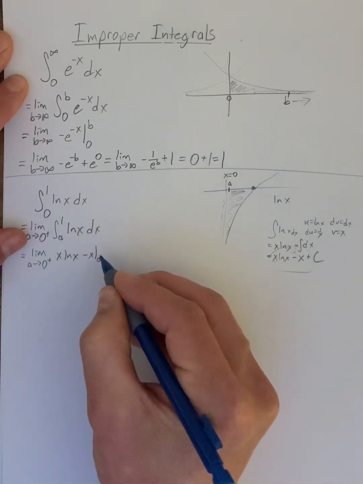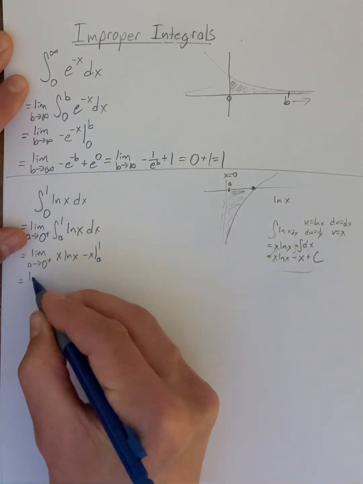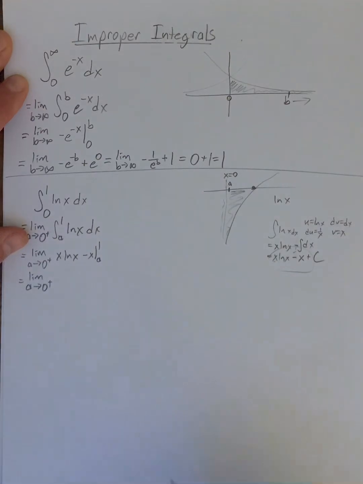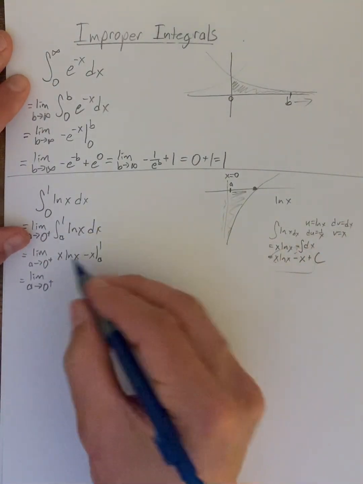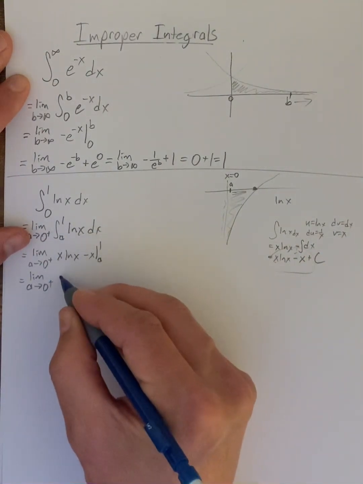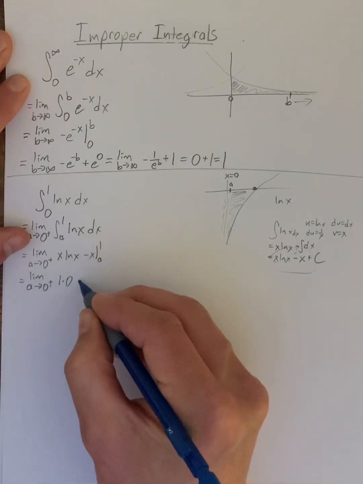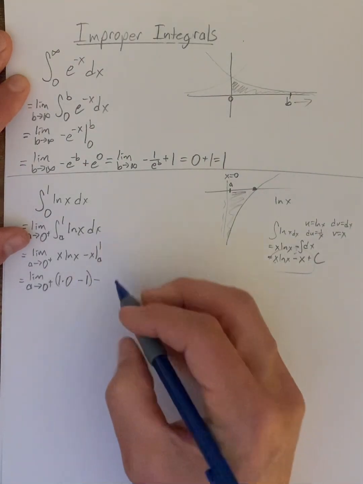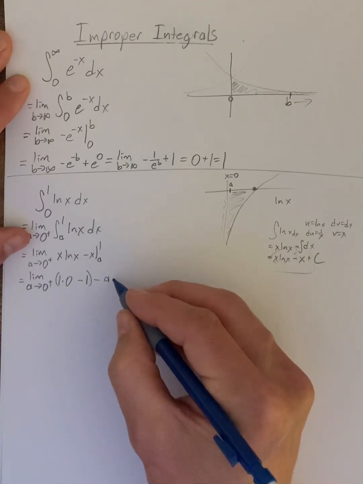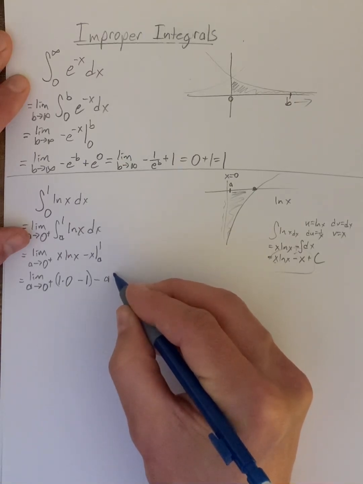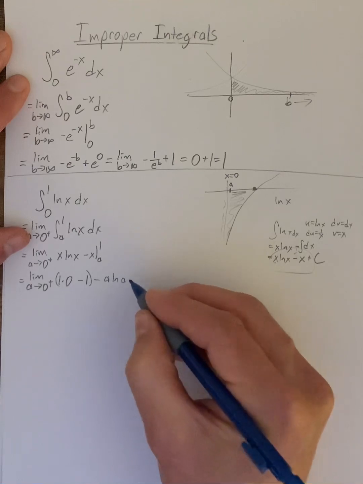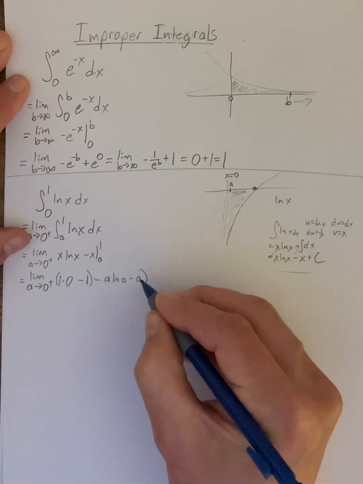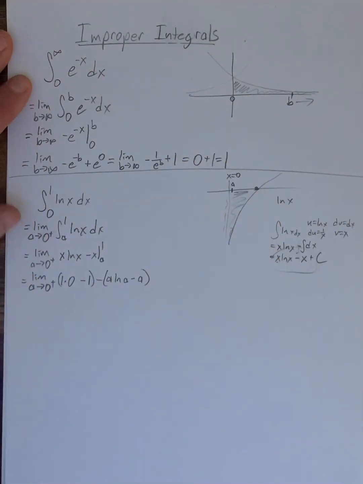All evaluated from a to 1. Now, the limit, resist the urge to plug in that limit. So what is this? This is 1 times 0 minus 1, minus a times the natural log of a, minus a.